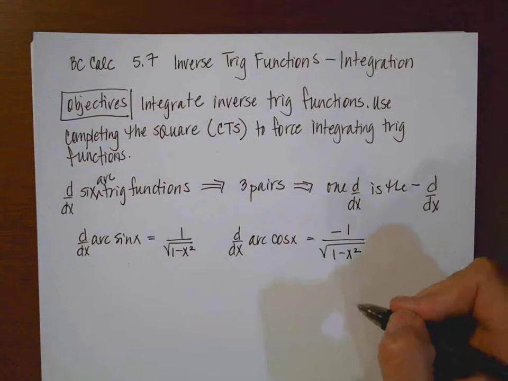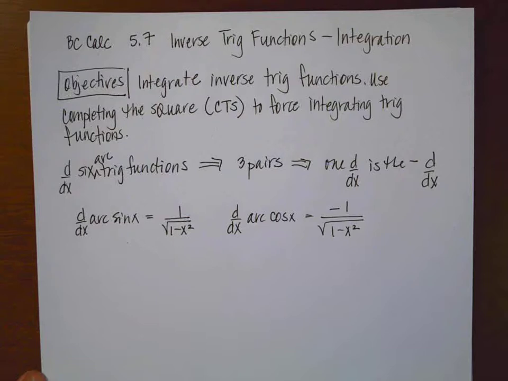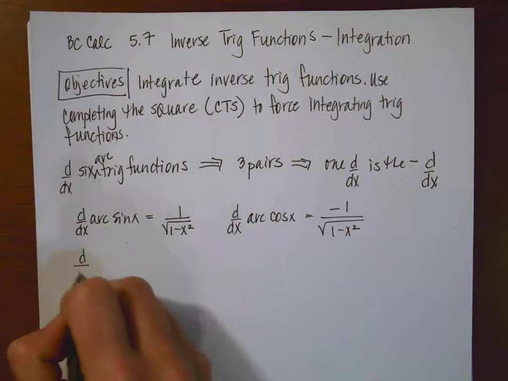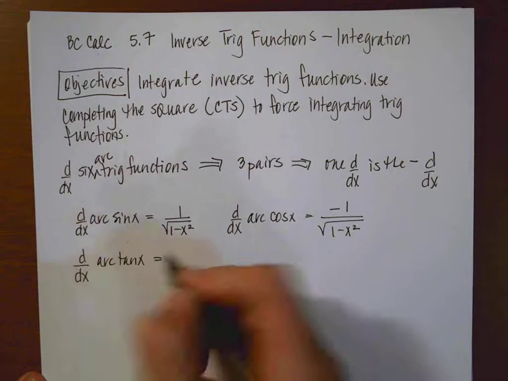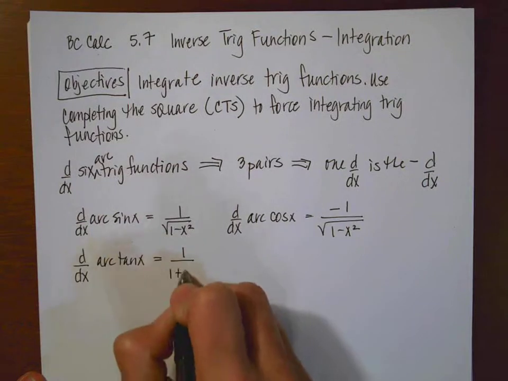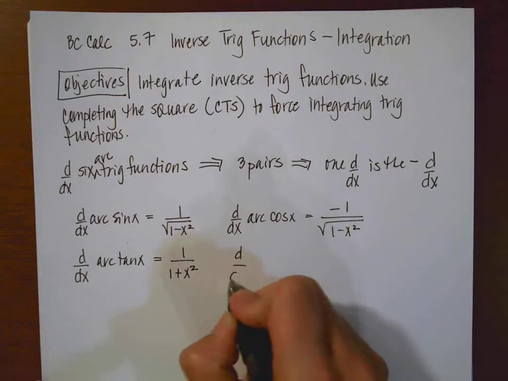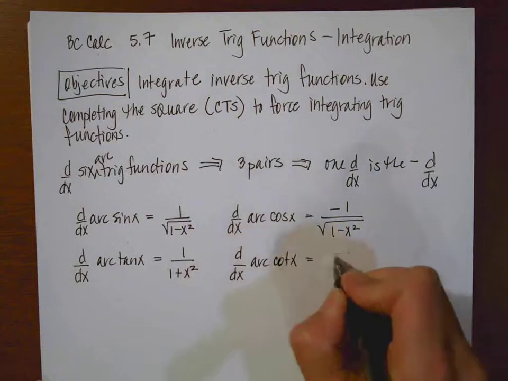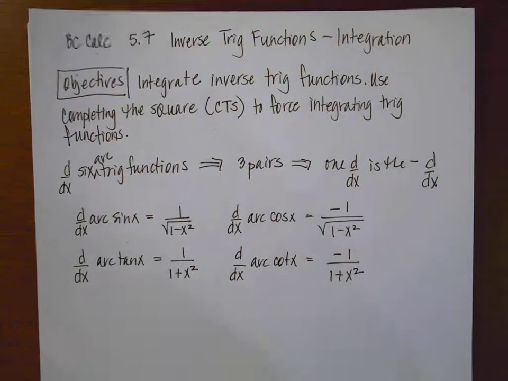Remember, the last time we wrote these down, we used u's because they represented the chain rule, but for right now, I'm just going to do this simple formula. The derivative of the arc tangent of x is 1 over 1 plus x squared. Then the derivative of the arc cotangent of x is going to be a negative 1 over 1 plus x squared.